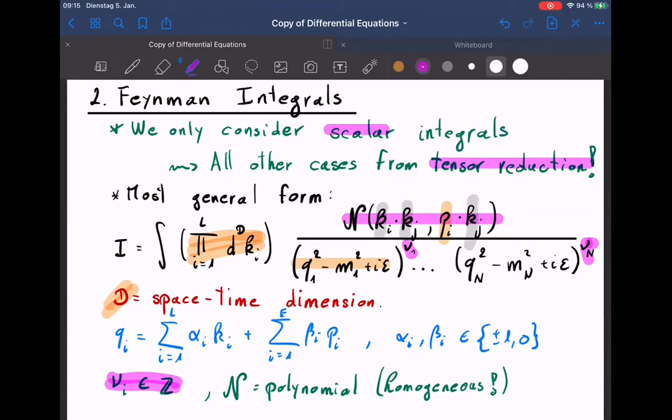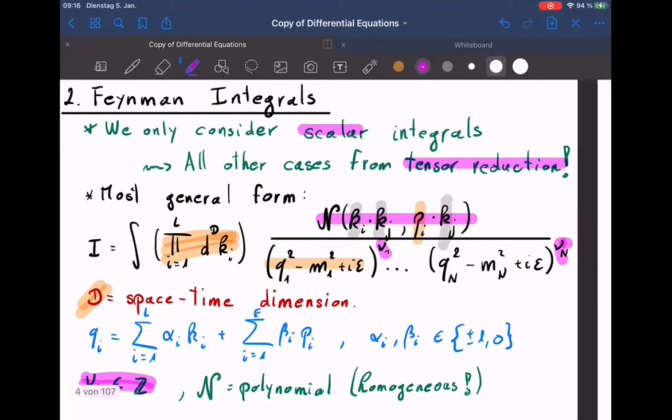So for now, that is the most general quantity I want to consider. I have kept everything arbitrary. I have some random collection of external momenta. They, however, satisfy momentum conservation. I have arbitrary powers for the propagators, and I allow arbitrary polynomials in the numerator, the only restriction being that they are Lorentz invariant and that they're homogeneous. So those are the integrals that I want to compute.